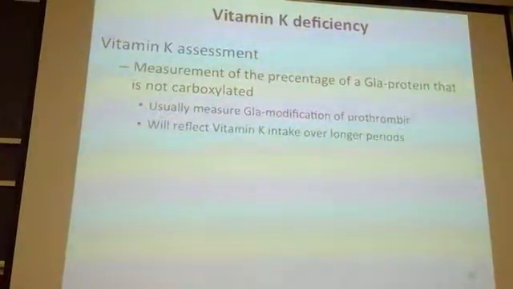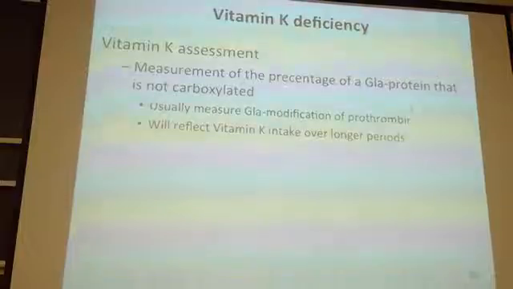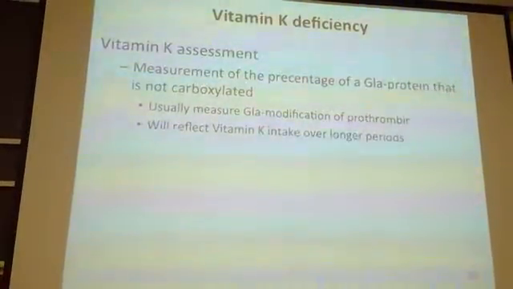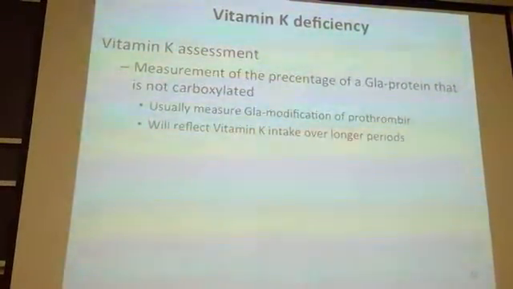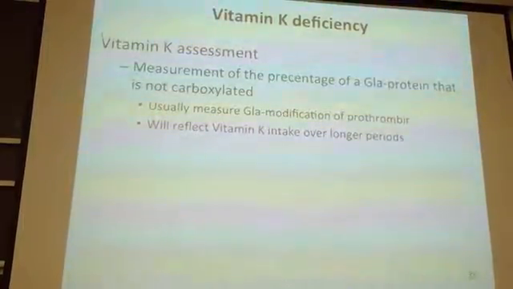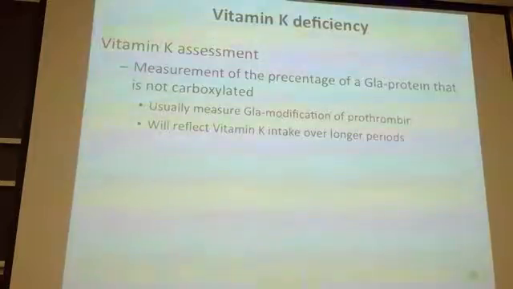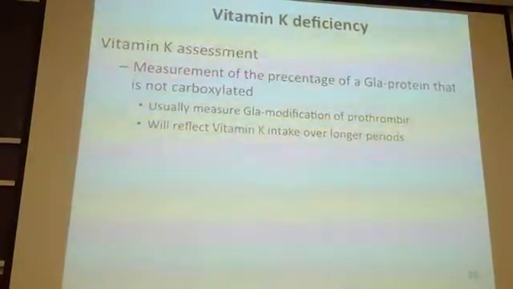So assessment of vitamin K deficiency is usually measured by examining the percentage of carboxylated protein and looking at how much is non-carboxylated. And usually a good measure is looking at prothrombin. So this will reflect vitamin K intake over longer periods of time, which is useful.